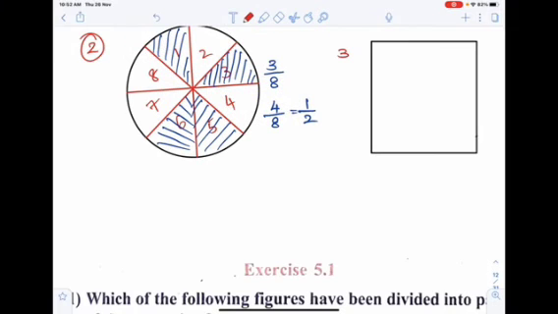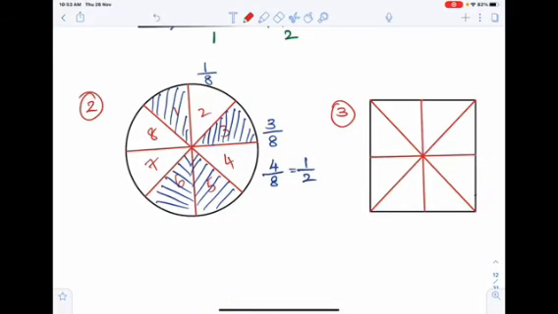Correct? Now considering the third diagram, this is a square. Now we have divided the square into 1, 2, 3, 4, 5, 6, 7 and 8 parts again. Here I have 8 equal parts and I can consider any one of them.